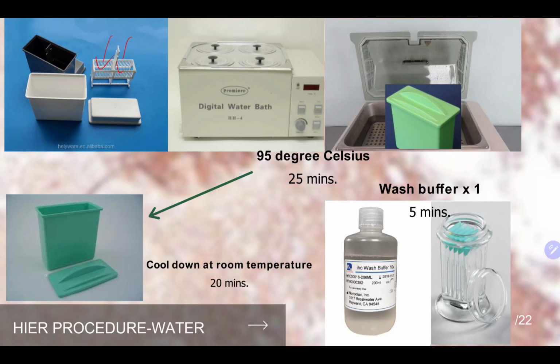So, since heat-induced man, gagamit tayo ng water bath. So, the water bath is 95 degrees Celsius po yung temp niya. So, after mo malagay ng slide mo dito, lagyan mo ng TRS, lagay mo sa loob ng water bath. Yan na siya for 25 minutes. After that, ipa-cool down na po siya at room temp. And then, you're going to wash it for 5 minutes.